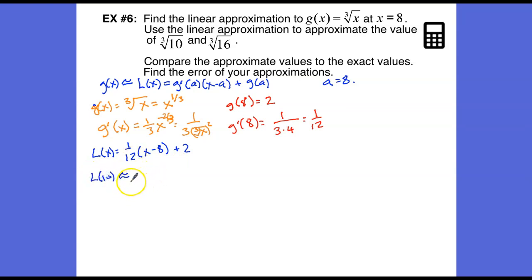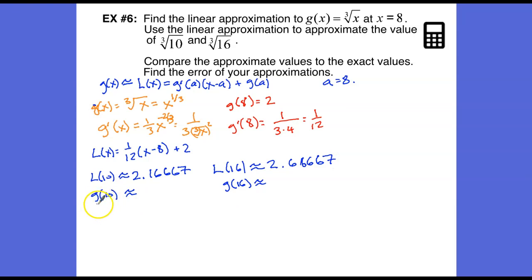Substituting in, that's going to be approximately 2.16667, and then L of 16 will be approximately 2.66667. And let's see what the cube root of 10 is. For this we get 2.15443, and the cube root of 16 gives us 2.51984.